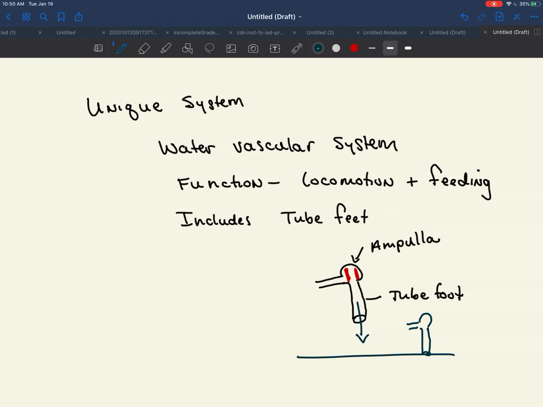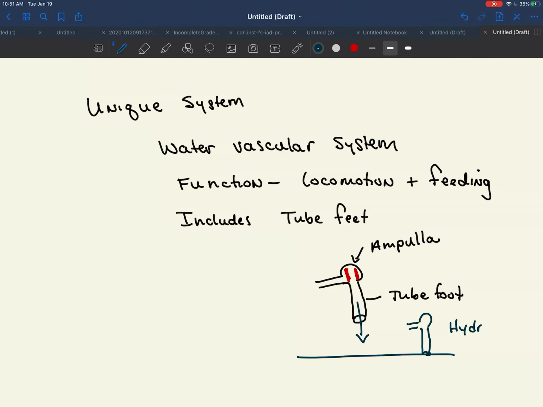So if you've ever tried to pull the tube foot off or a sea star off of a rock, you know it takes quite a bit of time. You have to wait for the hydraulic pressure to release, because they can actually suck to the surface without using any muscular action.